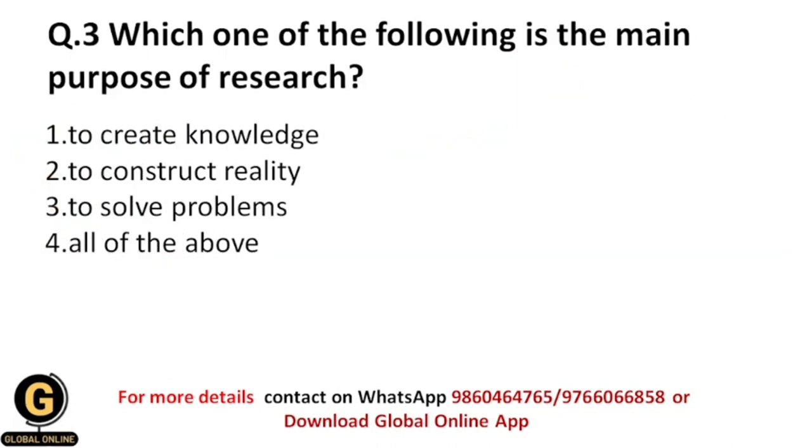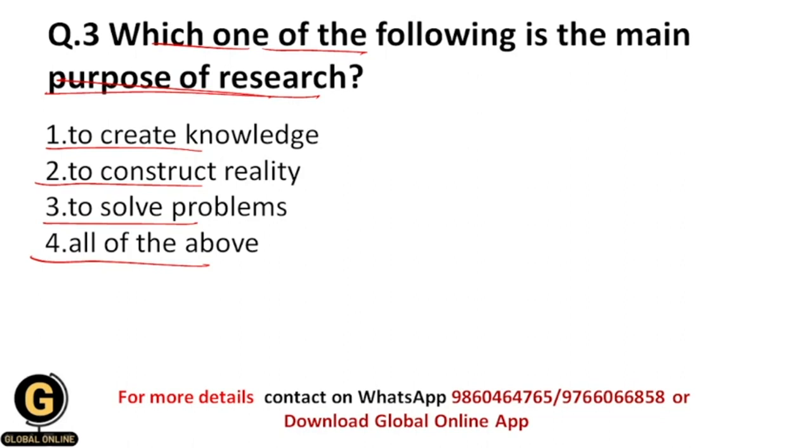Okay, which one of the following is the main purpose of research? So among the following, which is the main purpose of research? They have asked you which is the main goal of doing research. To create knowledge, to construct reality, to solve problems, all of the above. So basically students, the goal of research can be to identify or describe a concept, or to explain or predict a situation, or a solution to a situation that indicates the type of study to be conducted.